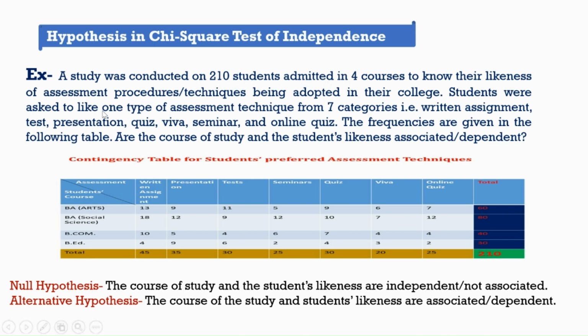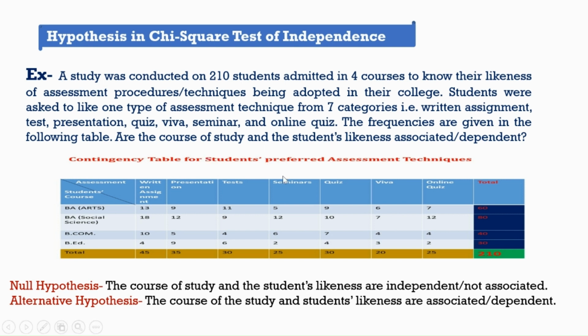Students were asked to like one type of assessment technique from seven categories, that is written assignment, test, presentation, quiz, viva, seminar, and online quiz. The frequencies are given in the following table. Are the course of study and the student likeness associated or dependent?